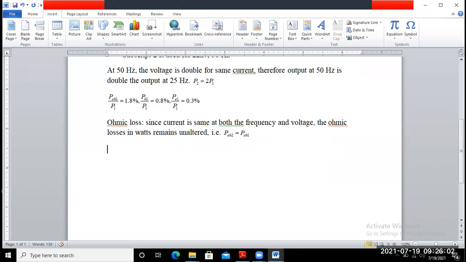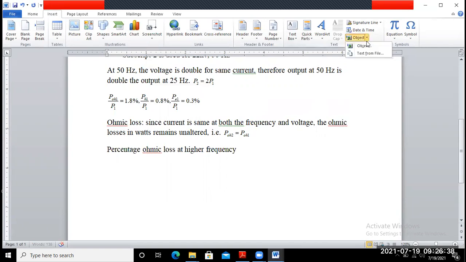So find it out in percentage: POH2 divided by P2.